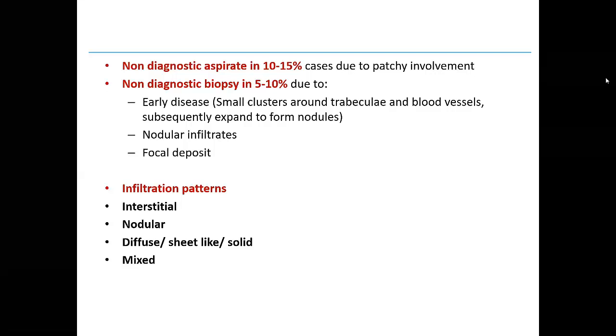Now, why is aspirate non-diagnostic in 10 to 15% of the cases? Now, myeloma is one disease. We should always keep in mind that the disease begins with small patches in the bone marrow. Suppose you have got a bone marrow biopsy and it is an early case. You may find 4 or 5 nodules or aggregates of plasma cells.